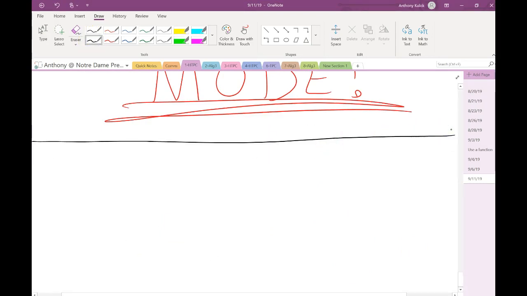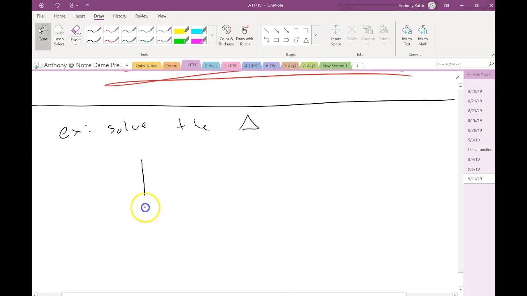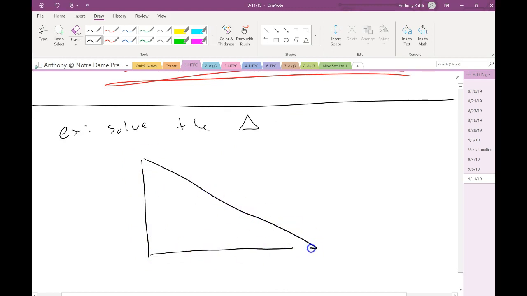The last topic is if I ask you to solve the triangle. What does this mean? Yes. It's finding all the angles and all the side lengths. Okay.